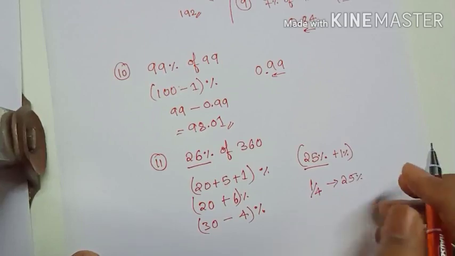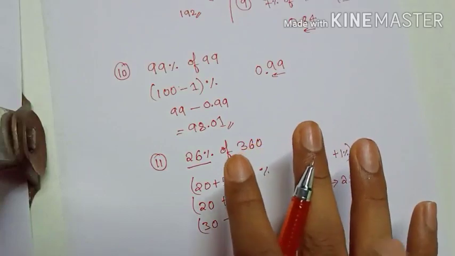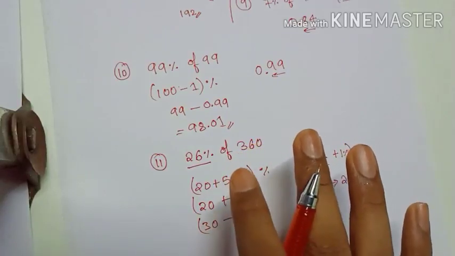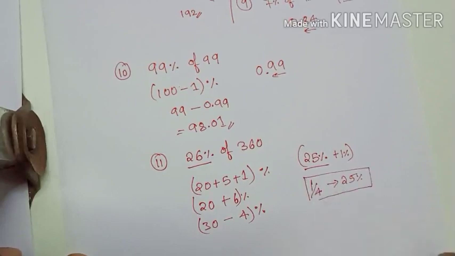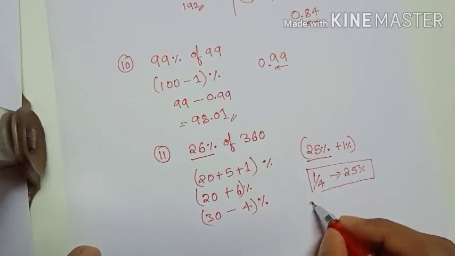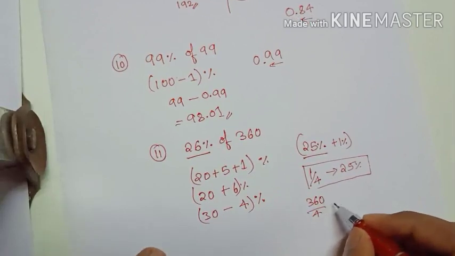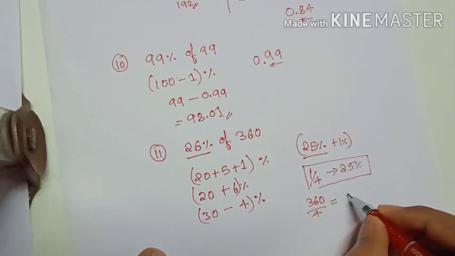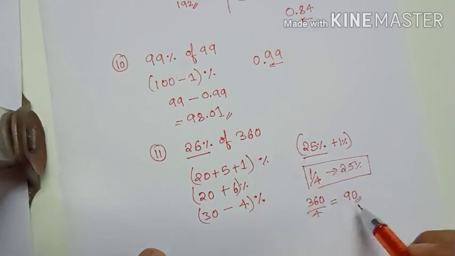If you divide any number into 4 parts, each part will be 25, 25, 25, 25, which sums to 100%. So if you want to find 25% of any number, you have to divide it by 4. Now 25% of 360 I have to calculate. So 360 divided by 4 is 90. 25% of 360 is just 90.